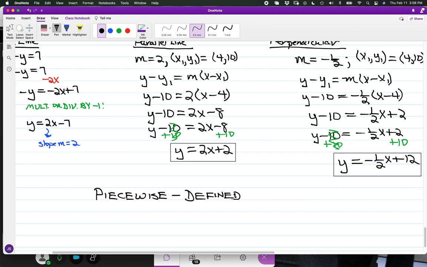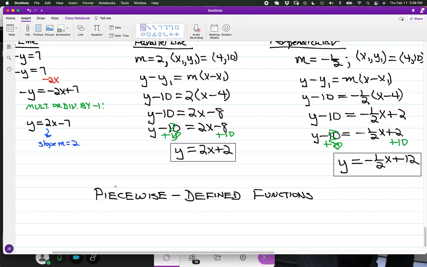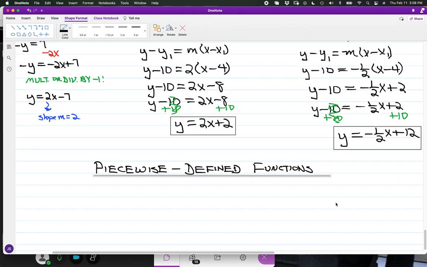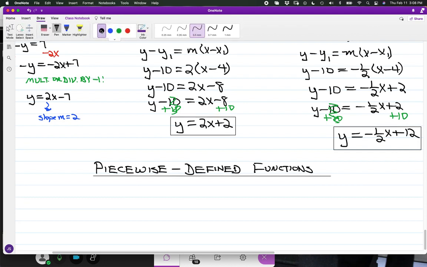Those items could be samples of what are referred to as piecewise-defined functions. A real-life example could be something like tax brackets for federal returns.